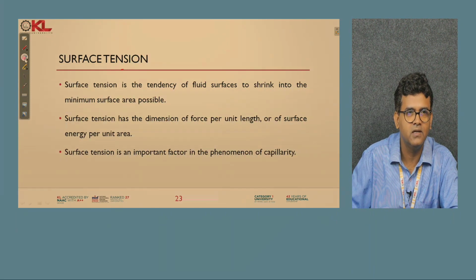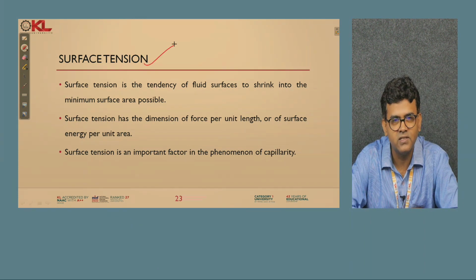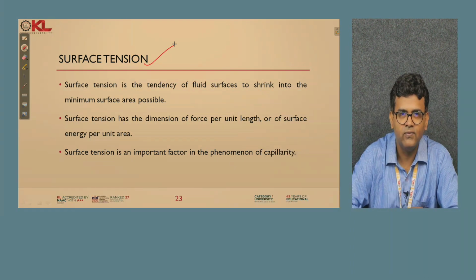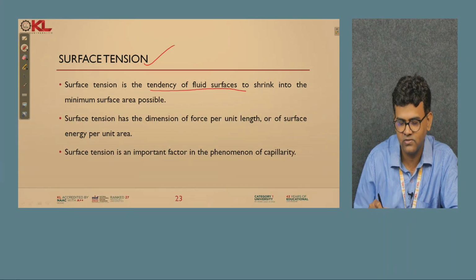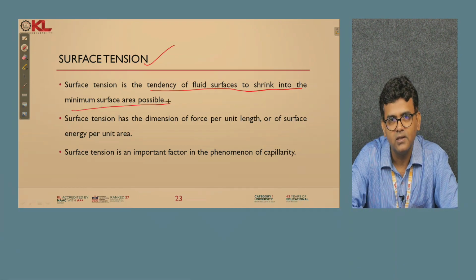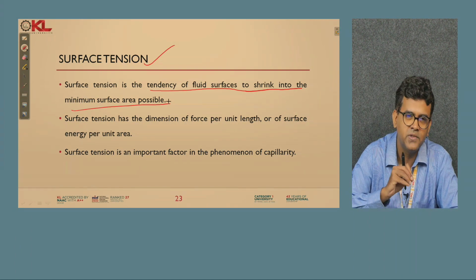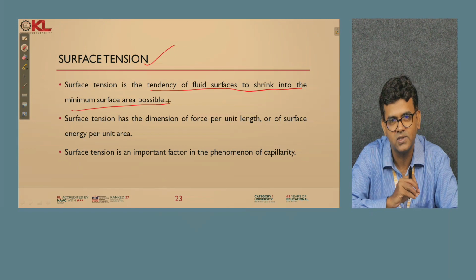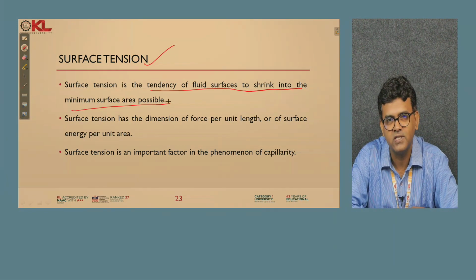Surface tension is the property of the fluid because of which the fluid surface tends to shrink into the minimum surface area possible. That means the fluid surface tends to shrink into the minimum surface area whatever possible. This is because of the property of surface tension.